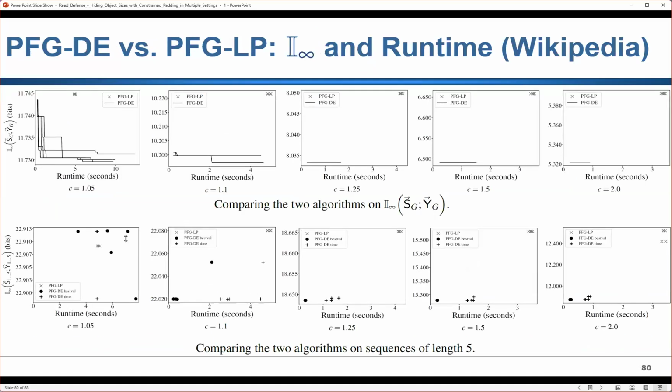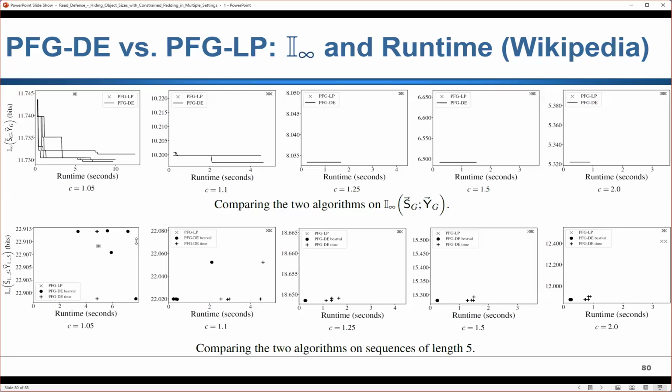So, for instance, this final setting here, the differential evolution versus the LP setting. We do state that for many instances the results for the LP are very competitive, and in some cases there's not a lot of daylight between the results for I infinity between the LP and the differential evolution solution.